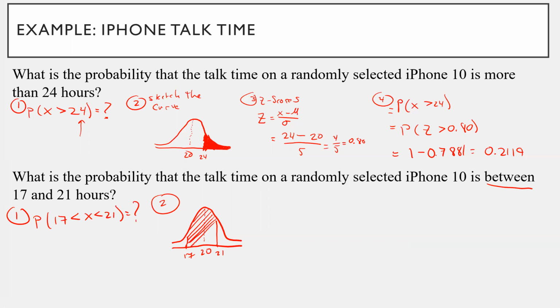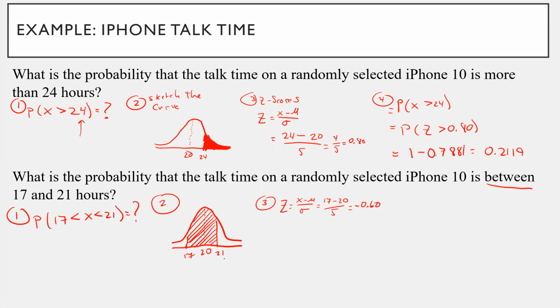All right, for this problem, how many z-scores am I going to need to compute? Yeah, unfortunately you're going to have to do it for 17 and for 21. So I'll start with the z-score for 17. It's 17 minus 20 divided by 5, which gets you minus 3 divided by 5, which gets you minus 0.60.